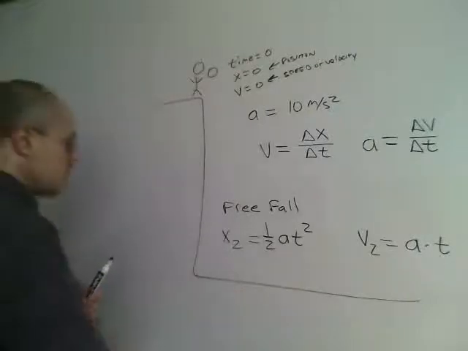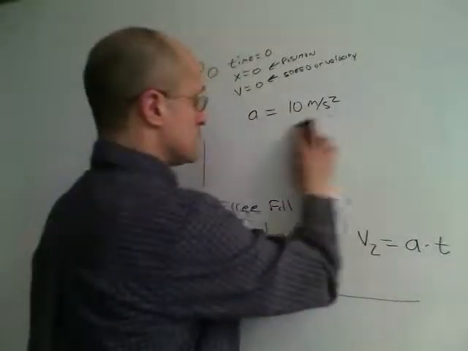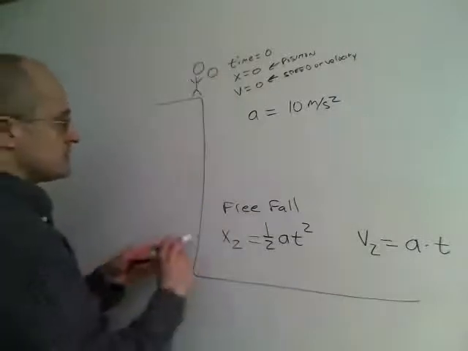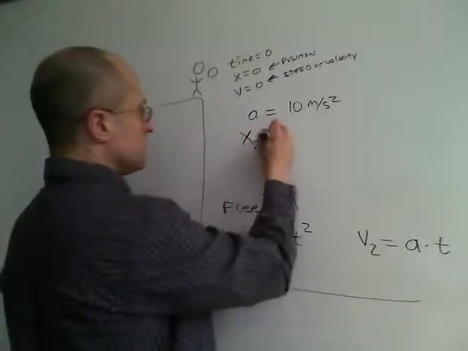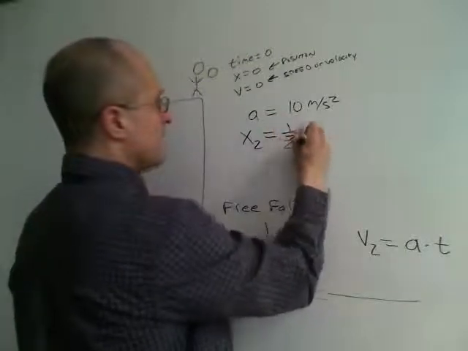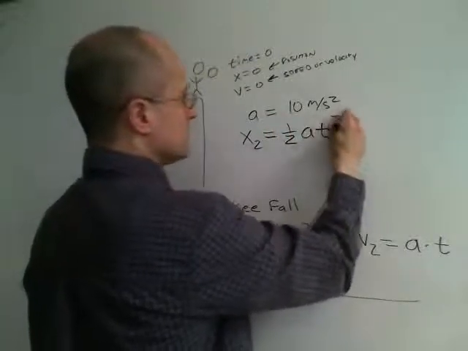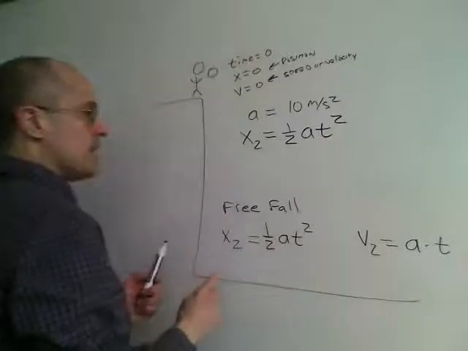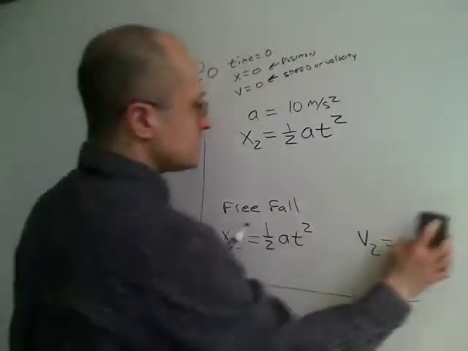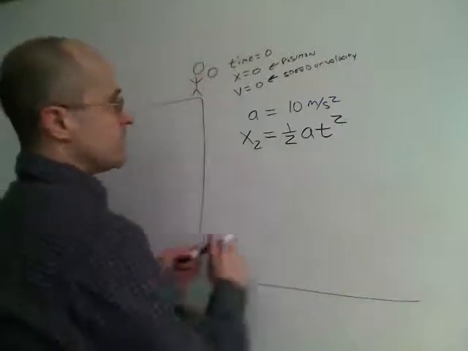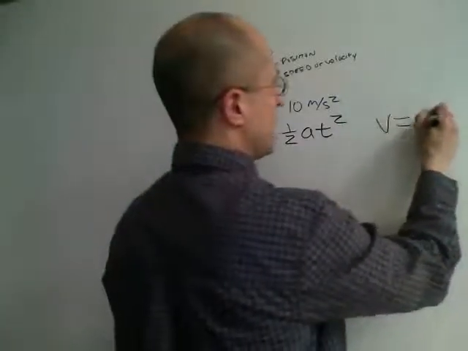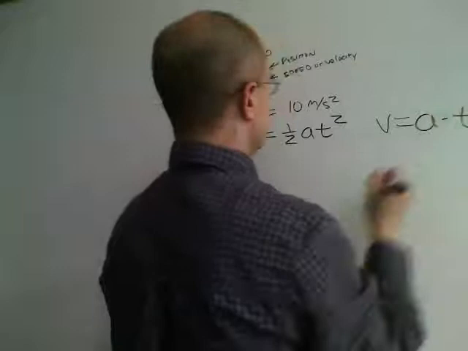So with our new equations, let's take a look at what happens in free fall. Our position x2 is 1/2 a times time times time, and our velocity is a times t.